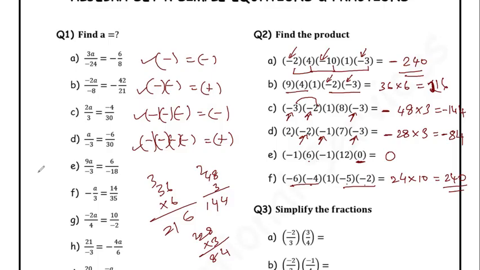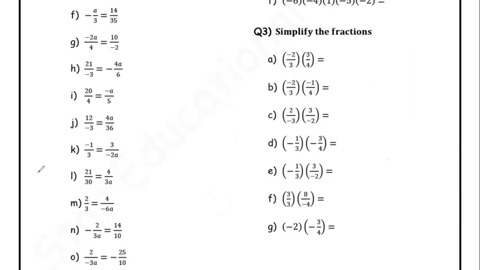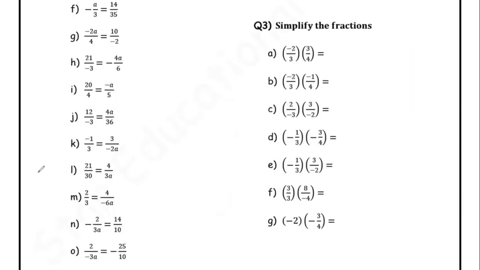And last question. Simplify the fractions. Okay. Just 7 of them. That's simple. 3 and 3 goes. You got negative 2 over 4, which is negative half. Okay. Negative negative is positive. So you got 2 by 3 into 1 by 4, which is 1 by 6.